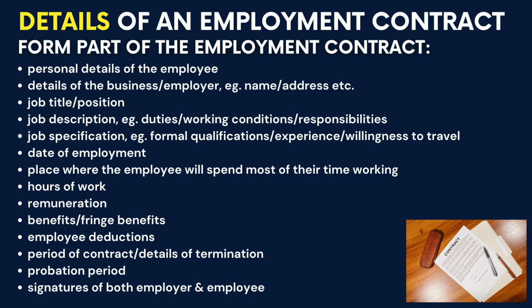It also needs to include benefits, fringe benefits, perks or allowances. It also needs to include leave: maternity leave, sick leave, annual leave, adoption leave, etc. It also needs to include employee deductions, whether compulsory or non-compulsory. It also needs to include the period of contract or the details of termination.